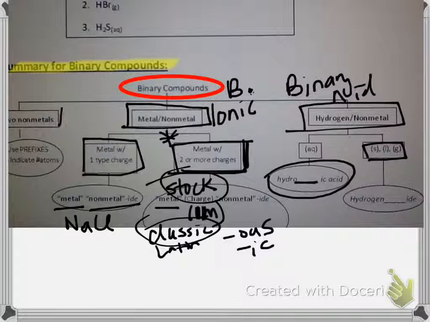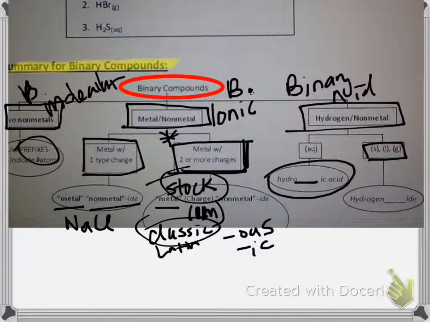And then the middle one we looked at, if you have two nonmetals, you have a binary molecular compound. You have a molecule, basically. You're just going to use the prefixes to name the number of each atom in that compound. So for your binaries, these are the three types of compounds you can have. The first question you should always ask is, what types of elements are in my compound? And that will help you decide which of the three naming systems you're going to use.